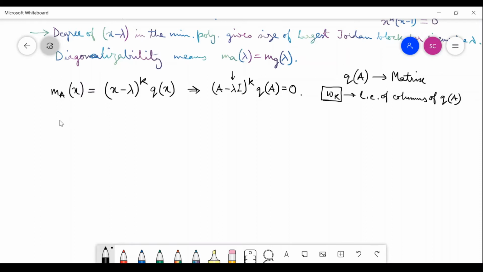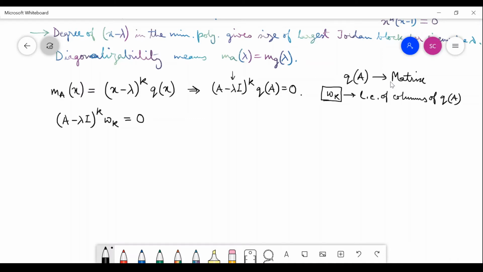So I can now write (A minus lambda I)^k omega_k equal to 0, for some vector. I don't know exactly what this vector is, but there is at least one vector like this. You might say, oh no sir, the q(A) matrix may have all 0 columns.